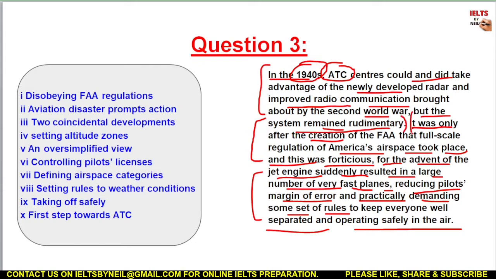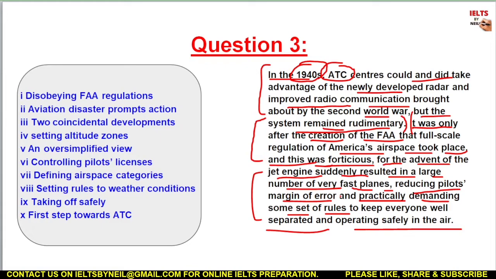After that, it was only after the creation of the FAA, meaning after the FAA was made, that full-scale regulation of America's airspace took place. This was the first thing, and this was fortuitous, meaning coincidental, for the advent of jet engines suddenly resulted in a large number of very fast planes, meaning just because of the advent of the jet engine, a large number of fast planes were made.